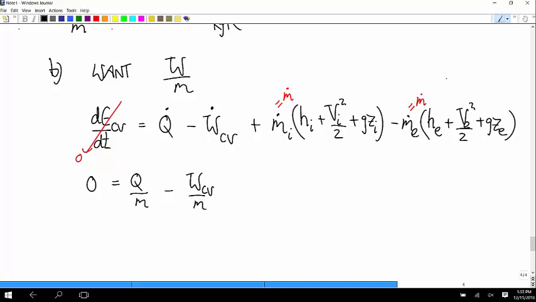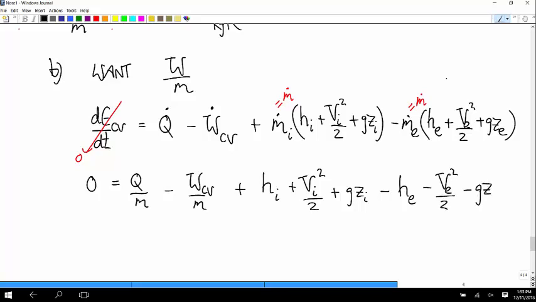We divided out the m's, so plus h_i plus V_i squared over 2 plus g z_i, minus h_e, minus V_e squared over 2, minus g z_e.